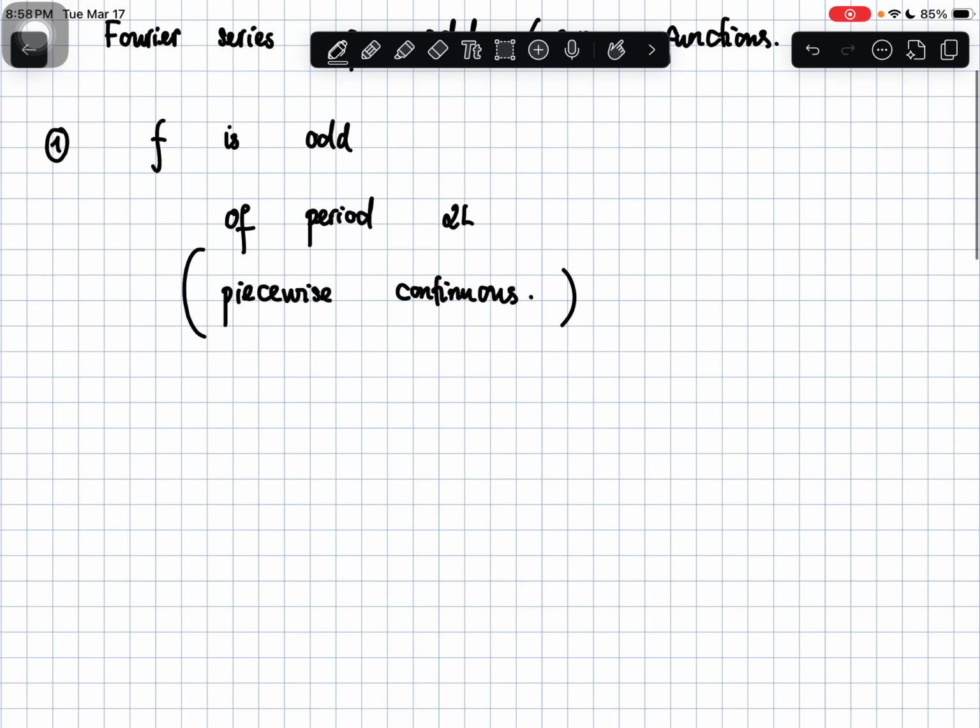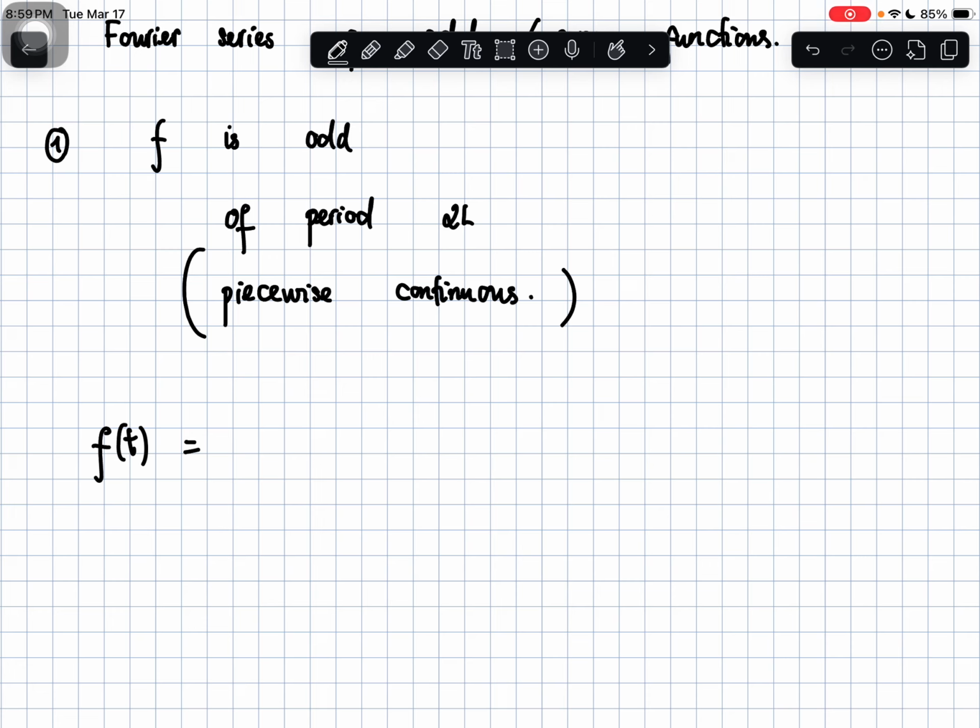The general formula of the Fourier series is f(t), and if necessary we can change and redefine f so that at the points of discontinuities this is the average of the left-hand and right-hand limit.